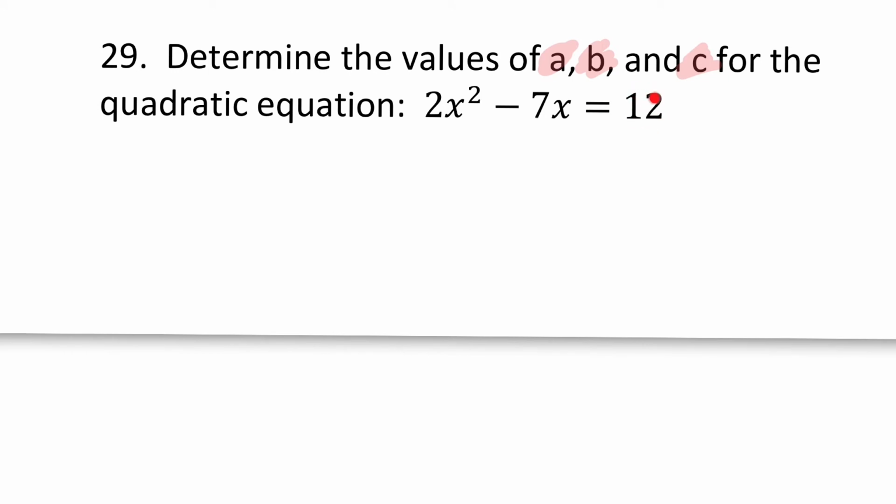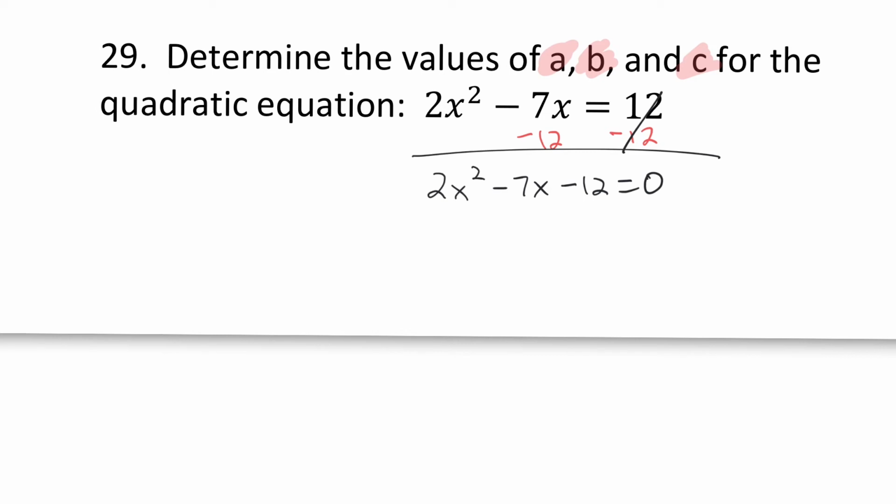We don't have one. Right now, it's a 12. So we need to make this 12 to be a 0. So I'm going to subtract 12 to both sides. Make sure you guys check that first. So I'm going to have my 2x squared minus the 7x minus the 12 equal to 0. Now that you guys have equal to 0, you can find the a value, the b, and the c.